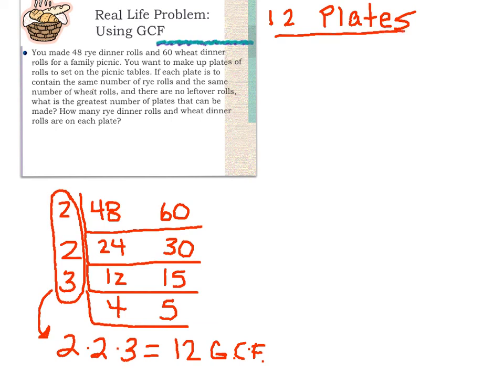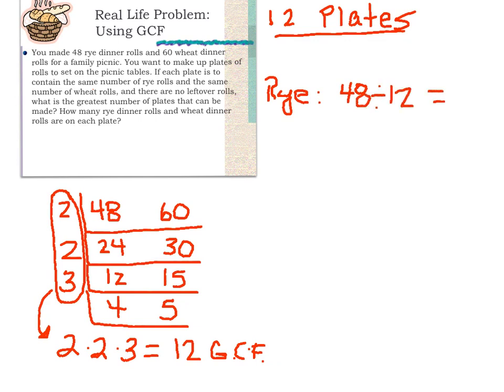Now, the final step is well then, how many of each bun is going to be on each plate? So, what I need to do there is to think about the word each and know that each is a division kind of word. So if I have 12 plates and 48 total rolls, I'm going to figure out, first of all, for the rye, I'm going to take 48 divided by 12.